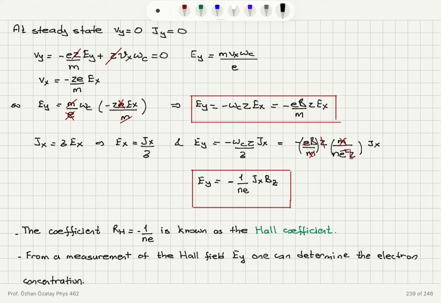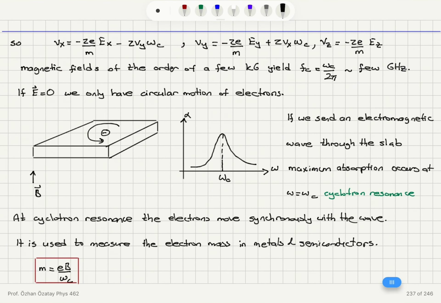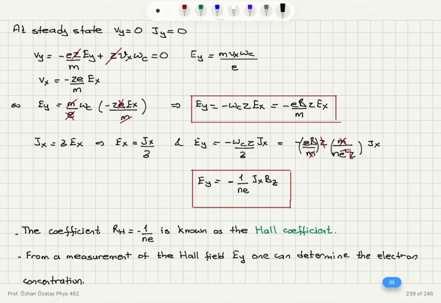And for the x component of the velocity, we have minus e tau over m Ex, because Vy is going to be 0. So here we have Vy equals 0, and we have only this Vx.